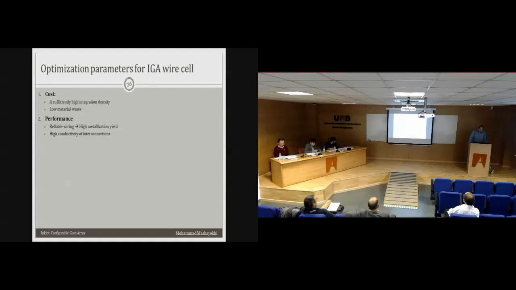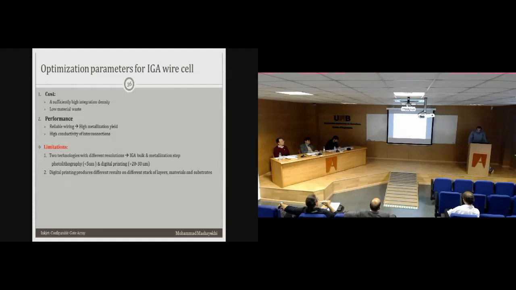So we are going to decrease the area that the wire cell is occupying. And also, it is optimum to have lower material waste in the metallization step. And talking about performance, we need to have reliable wiring so that we don't find any failures during the wiring, so we increase the yield of wiring, metallization. And also, we need to have as much conductive wiring as possible.